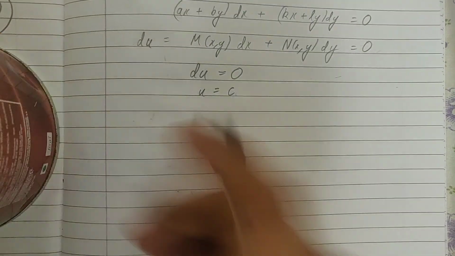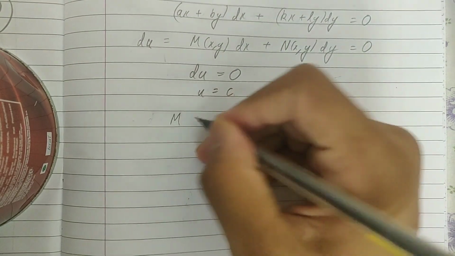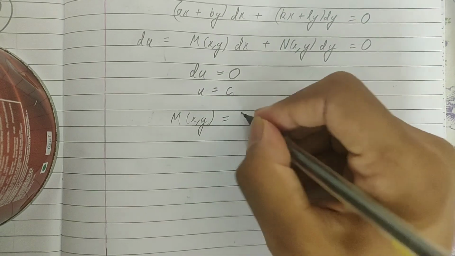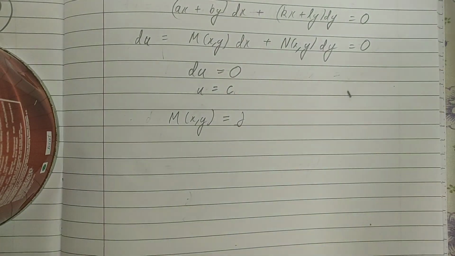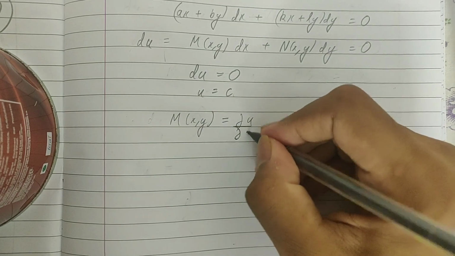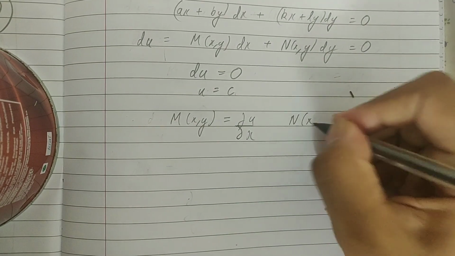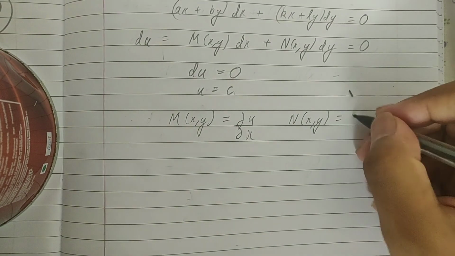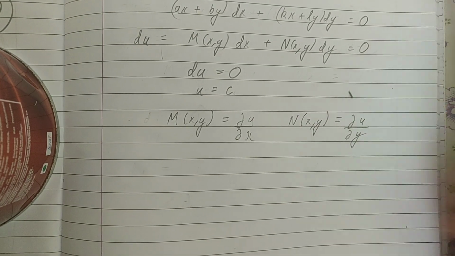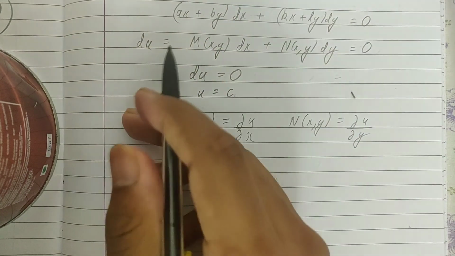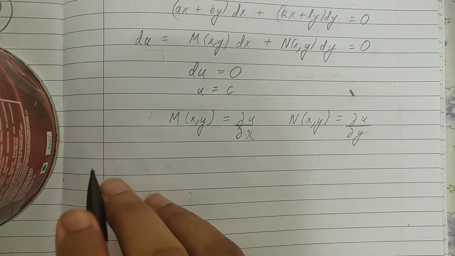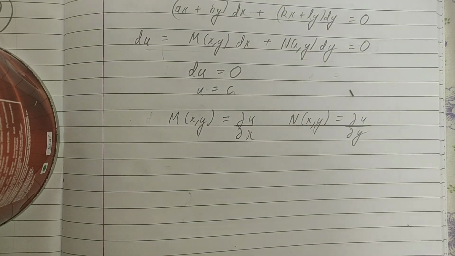So we can see here M(x, y) is the partial derivative of u with respect to x, and N(x, y) is equal to the partial derivative of u with respect to y. That is why this equation is given the name exact differential equation or the differential form.